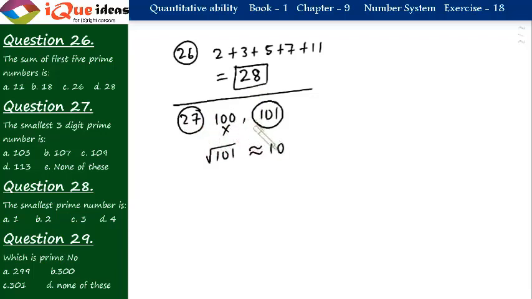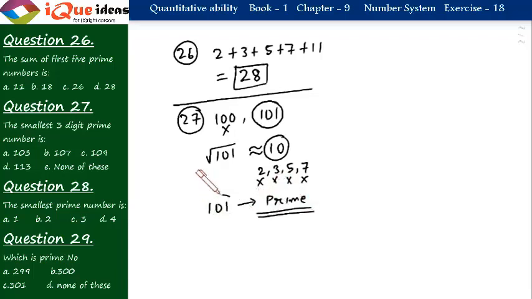Consider all prime numbers below 10, that is 2, 3, 5 and 7. Check 101, is it divisible by 2? No. Is it divisible by 3? No. Is it divisible by 5? No. Is it divisible by 7? No. Now if the given number is not divisible by any one of them, it is a prime number. So 101 is the first 3-digit prime number. So the answer of this question would be none of these. Just be careful about this.